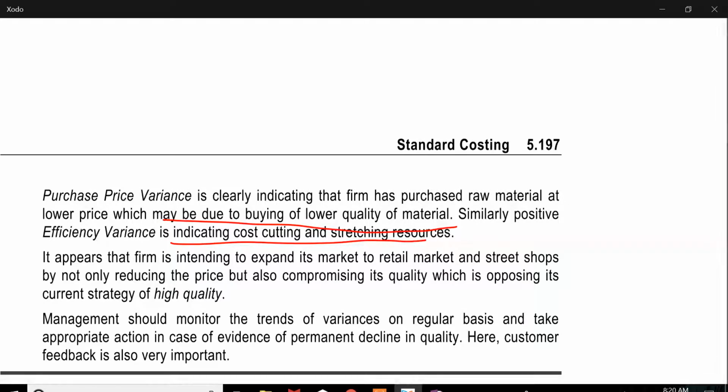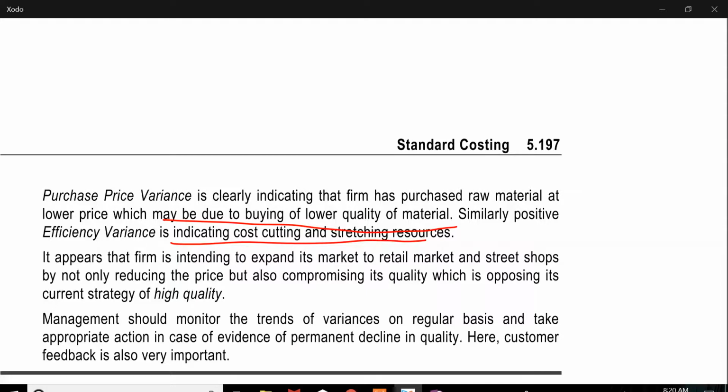You have different terms. As you keep reading multiple questions, some of the terms will get registered in your mind and you end up answering with those terms in the exam rather than your own words. So terms like favorable efficiency variance indicates cost cutting and stretching resources. When you write something like this, it gives me a lot of comfort that you have a good understanding of these areas.